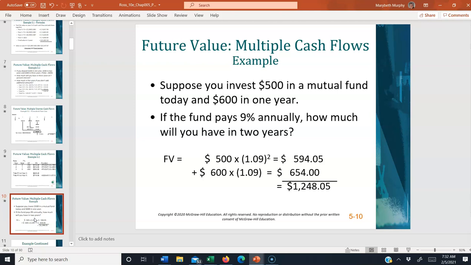And so we would take 500 times 1.09 to the second power, giving you 594.05. And then the $600 we're depositing at the beginning of year two will earn 1 year's worth of interest, the second year. So that's 600 times 1.09, giving you 654 for a total of 1248.05.